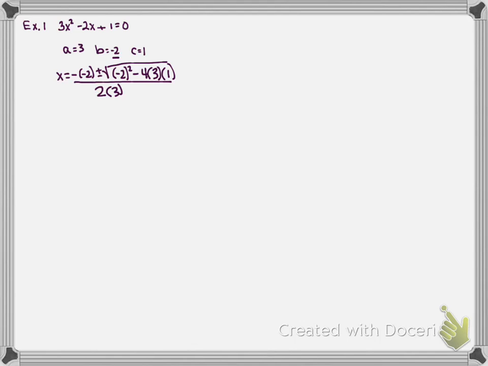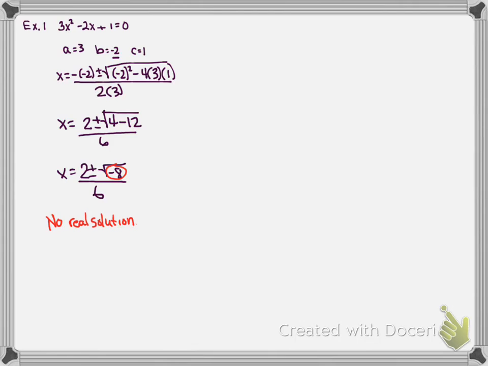Let's simplify. x is equal to positive 2 plus or minus the square root of negative 2 squared is 4, 4 times 3 times 1 is 12, so we have 4 minus 12 all over 2 times 3 is 6. Simplifying further, x is equal to 2 plus or minus the square root of negative 8 over 6. And you'll notice that the discriminant, the part underneath the radical, is negative 8. It's less than 0, so this quadratic equation has no real solution.